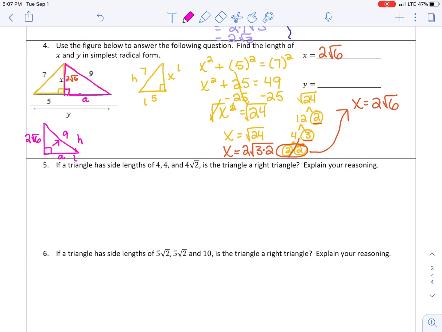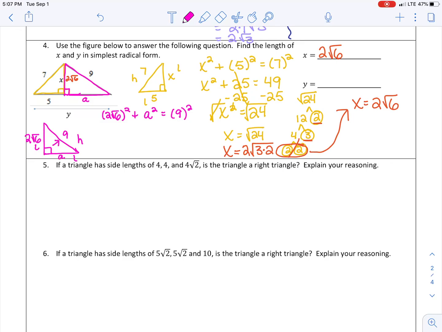A, we're going to call a leg. And we're also going to say that 2 root 6 is a leg. Okay. So we want to go ahead and put that into our Pythagorean theorem. We can say that 2 root 6 squared plus a squared is equal to 9 squared.